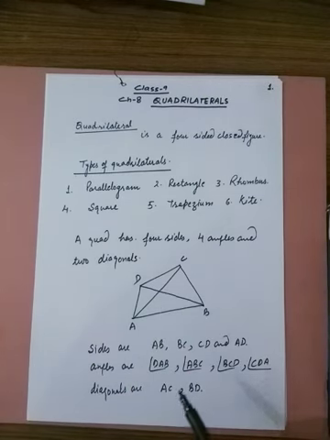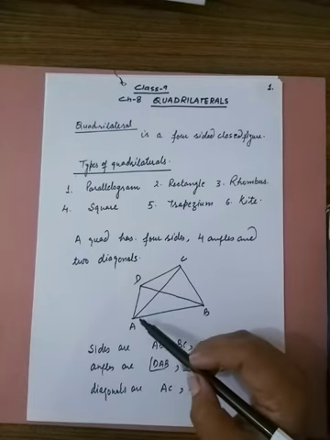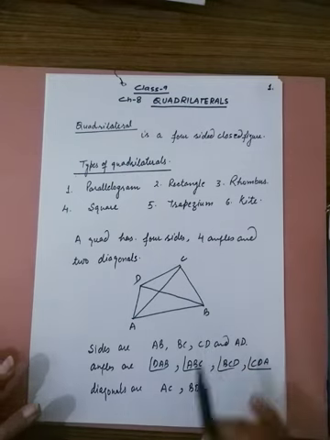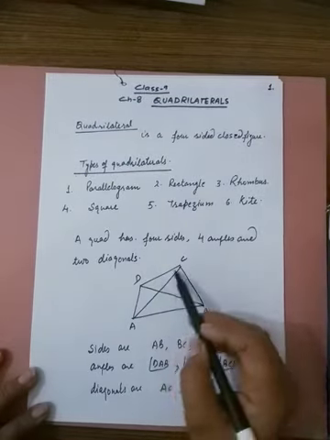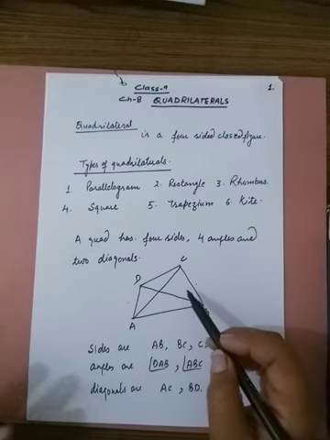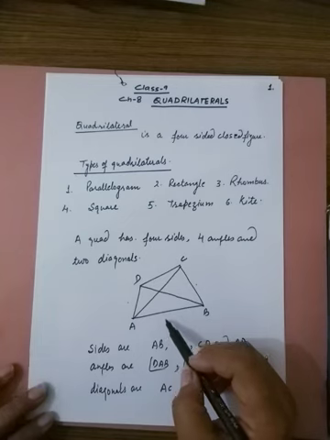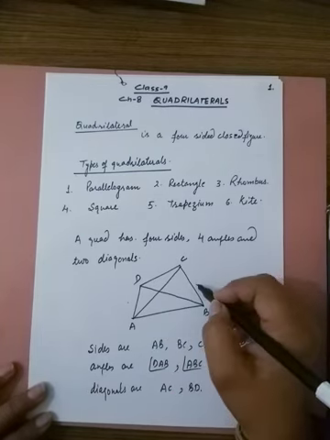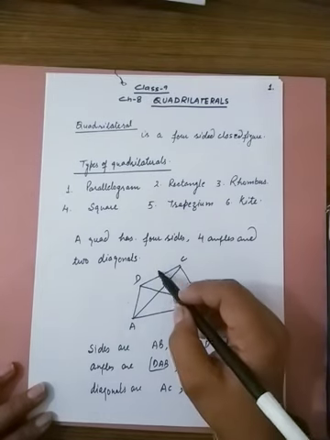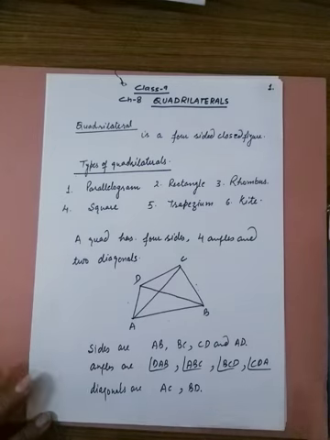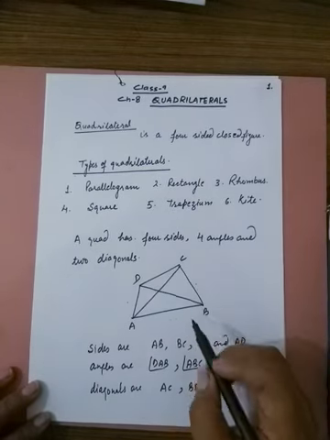So a diagonal is a line segment which joins the opposite vertices of a quadrilateral. In this figure, AB and CD are opposite sides, BC and AD are also opposite sides, but AB and BC are adjacent sides. Similarly, BC and CD are adjacent, CD and AD are adjacent sides, AD and AB are adjacent sides.